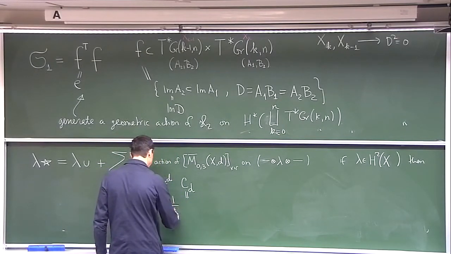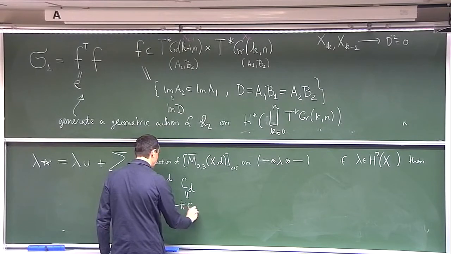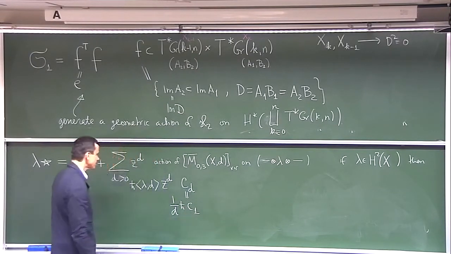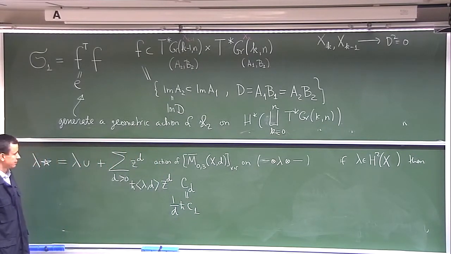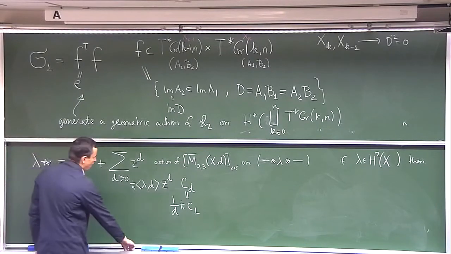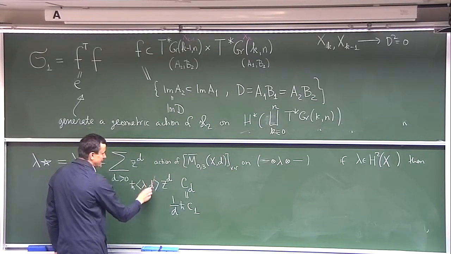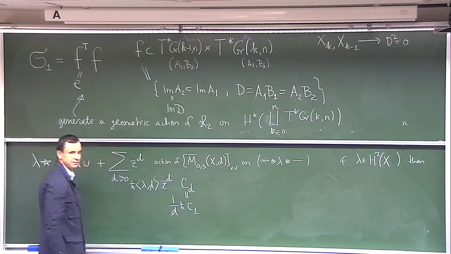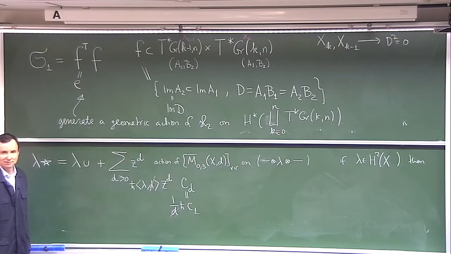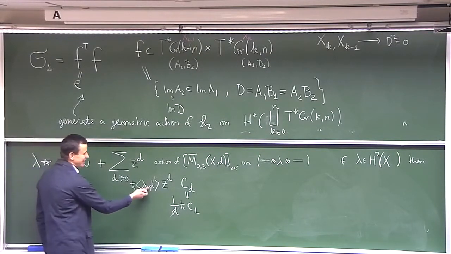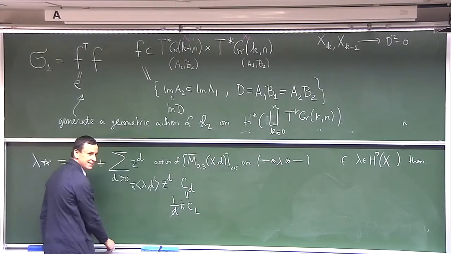Thank you, Henrik. d H bar times c1. And so then this d and this d will cancel. I mean, this is something linear, and you divide by d here.